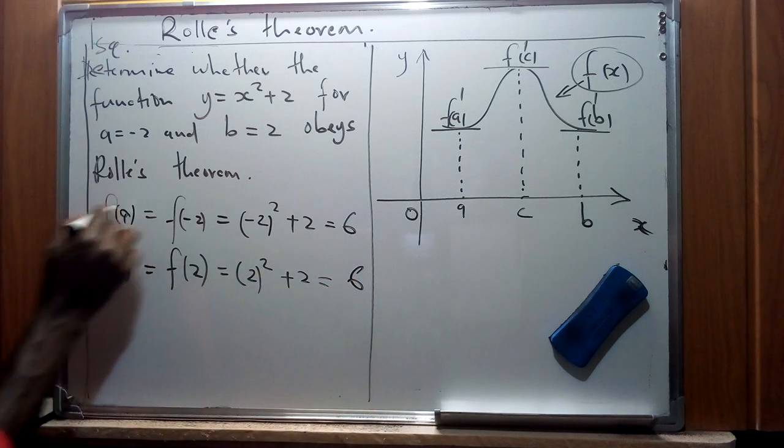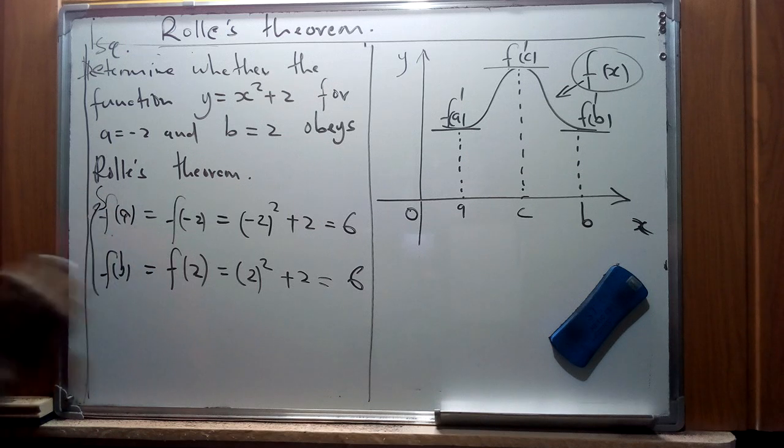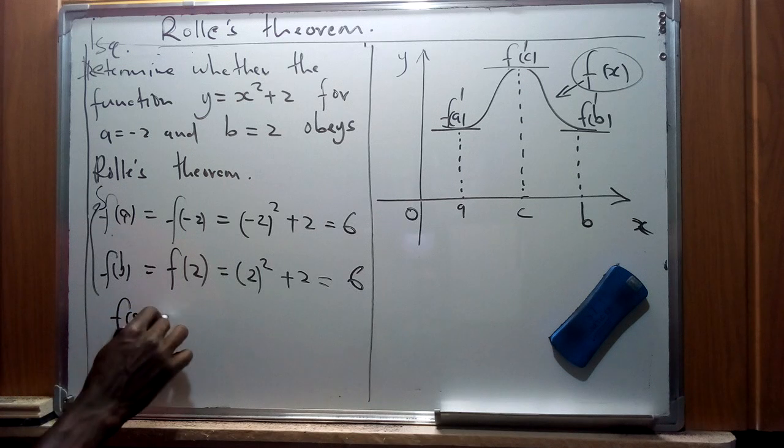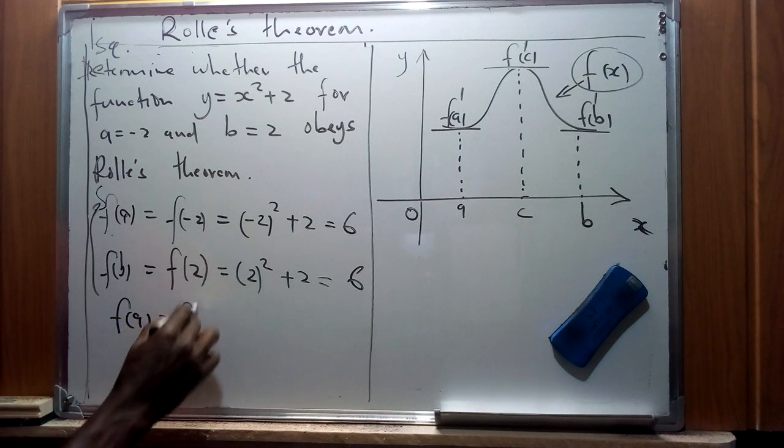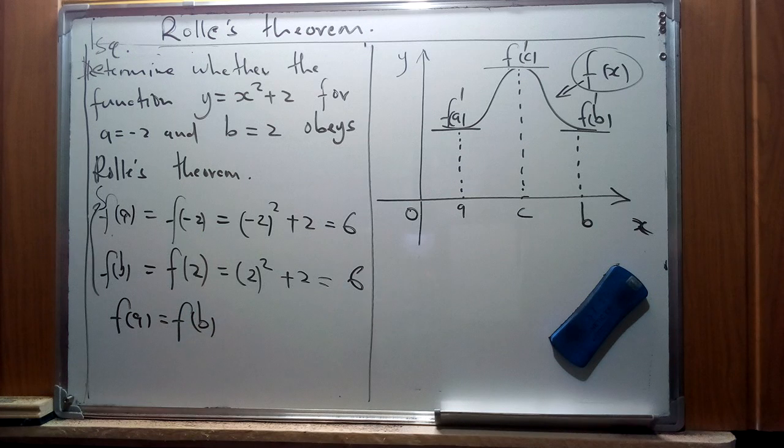From these two substitutions for a and b respectively, we see that f of a is equal to 6, which is equivalent to f of b, which is equal to 6. So this satisfies the condition that we talked about in the last statement, that f of a equals f of b. Under this condition, there is going to exist at least a value of x such that the first derivative at that value gives us 0.